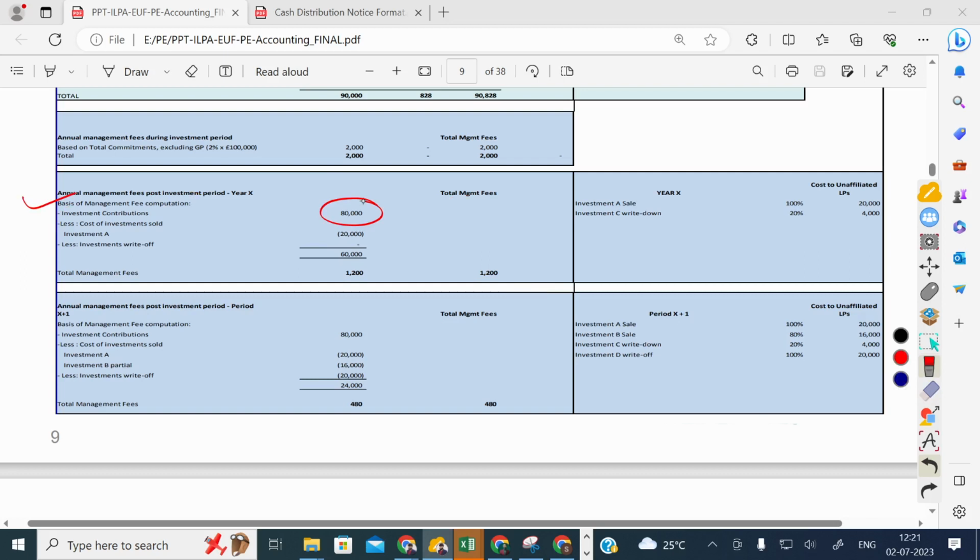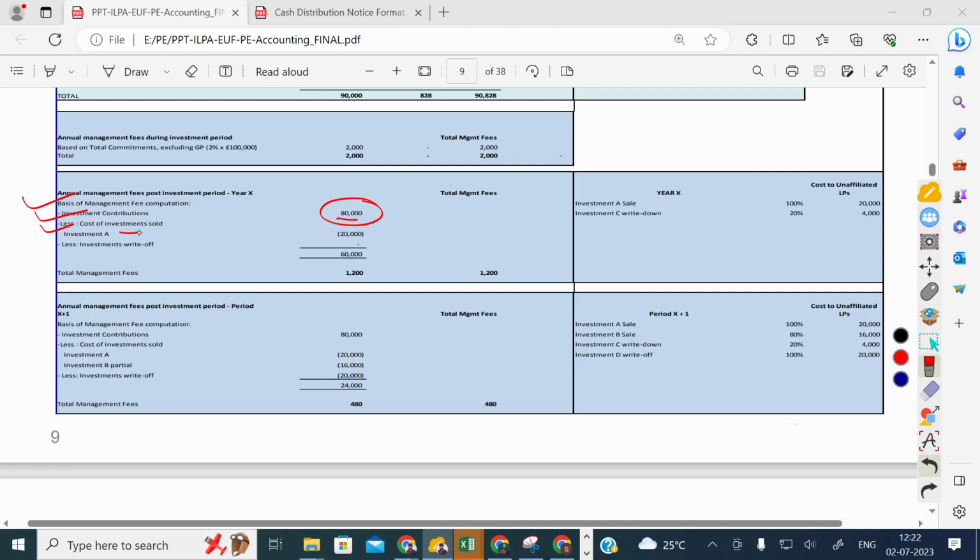So only on the basis of investment. Post investment, it means you can calculate management fees on the investment basis. And then investment contributions, we don't have any investment contributions. Less cost of investment sold. If you see any cost incurred, then you can debit that as well, right? Or write off anything as such.